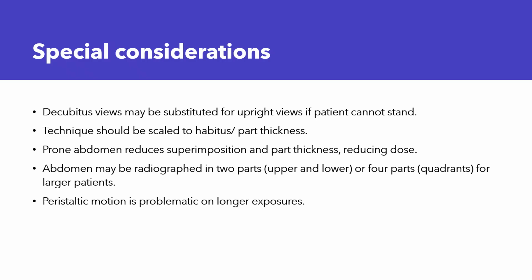When we get longer exposure times in our abdomen radiography, we cannot control peristaltic motion. It's involuntary. Peristaltic motion is the motion of the gut, the small bowel, the large bowel, and the stomach. It's automatic. So the way to avoid excessive peristaltic motion is to keep the exposure time short.